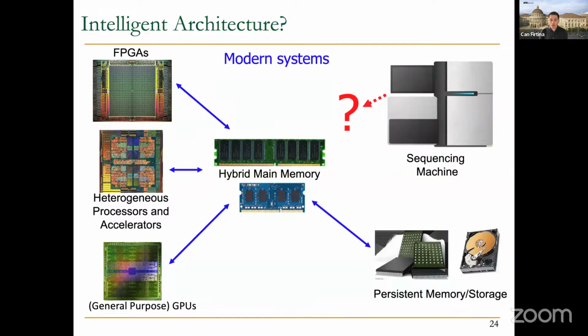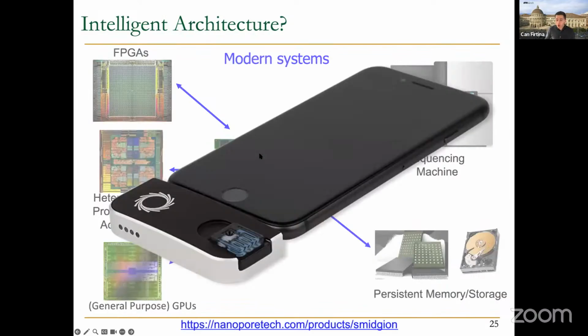We can even perform computation within the flash, within the SSD, depending on the needs of the application. We essentially look at all these architectures and ask ourselves the question of where this particular data needs to be analyzed.